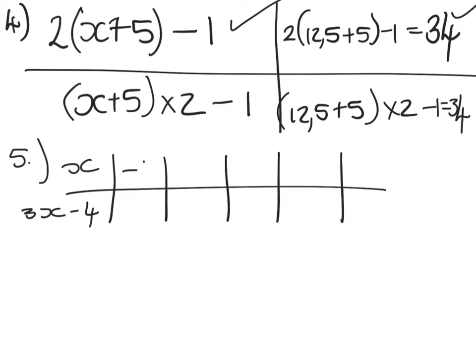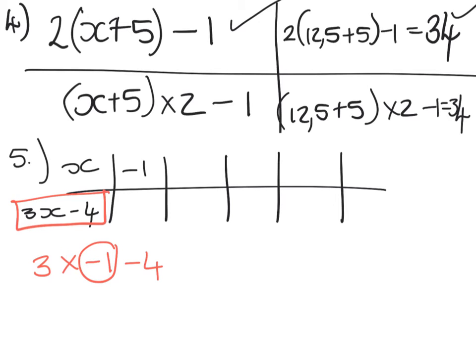Okay, so I'm going to use minus 1, and I'm going to say 3 times minus 1 minus 4. I'm using this rule, and I'm putting minus 1 into it. Now, 3 minus 1s. If I owe you 1 rand, and I owe you 1 rand, and I owe you 1 rand, my total debt is 3 rand.